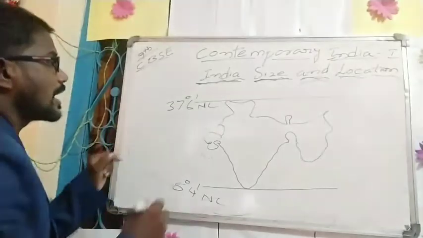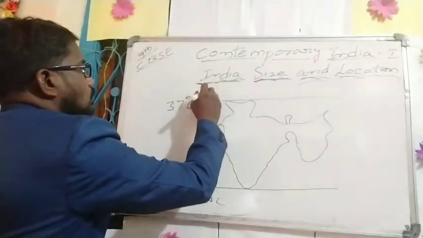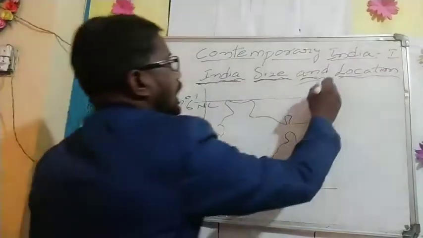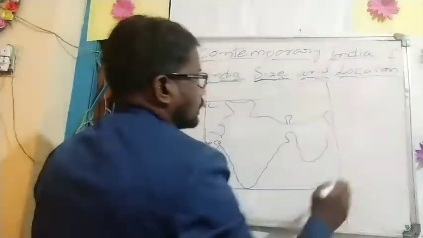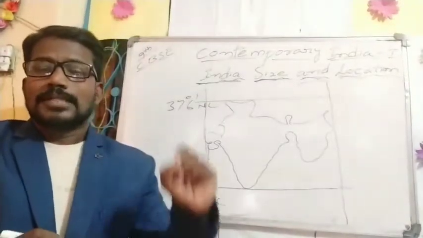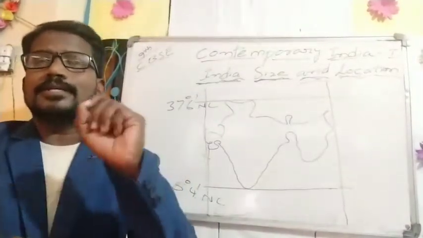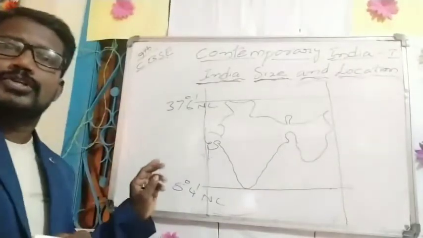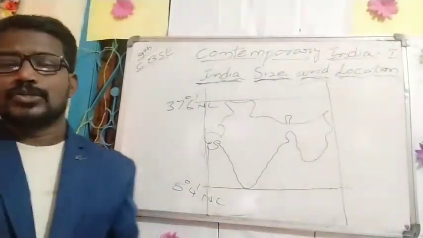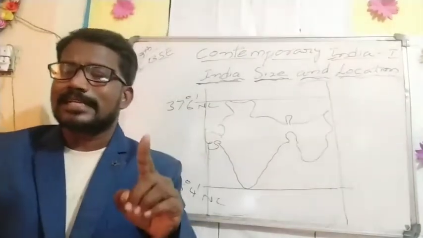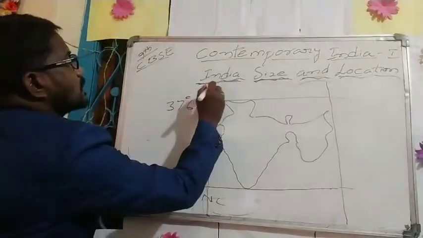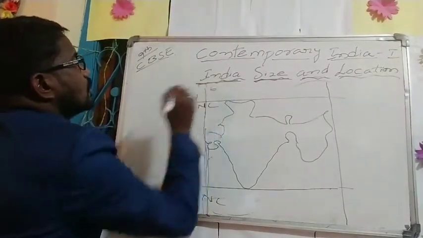And what about longitudes? This is one longitude and this is one more longitude. The longitude is 68 degree 7 minutes east longitude to 97 degree 25 minutes east longitude.